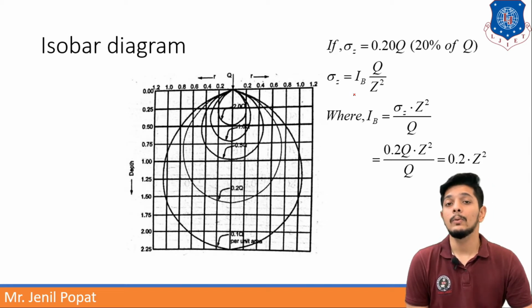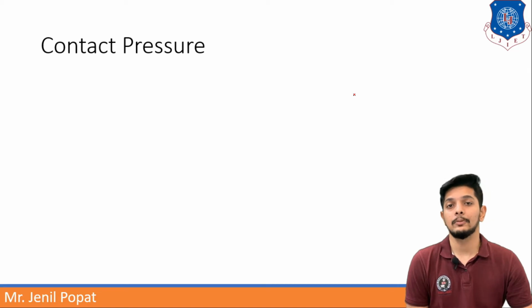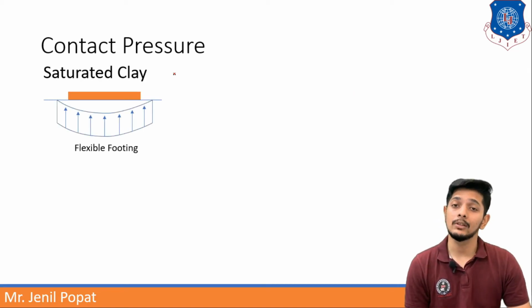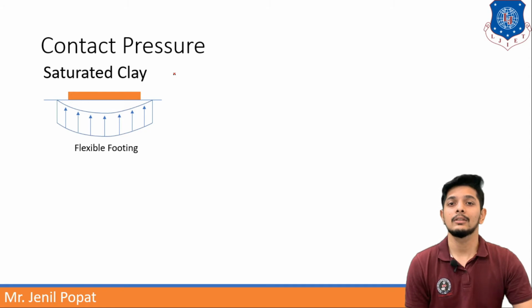Let us move to contact pressure. Contact pressure is nothing but the vertical pressure coming on the contact surface between a footing and the underlying soil mass. Sometimes it is assumed, in simplified assumptions, that the contact pressure under a footing is always uniform, but this is not always valid.